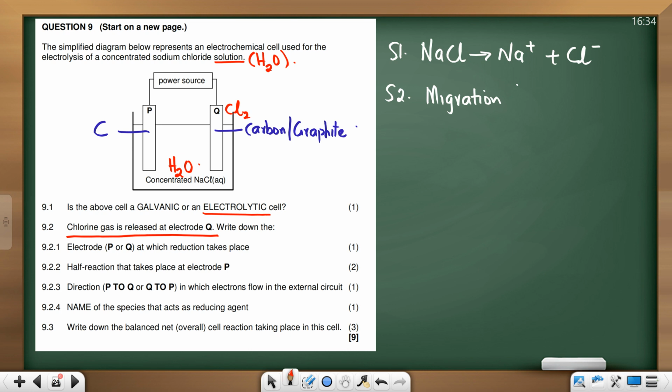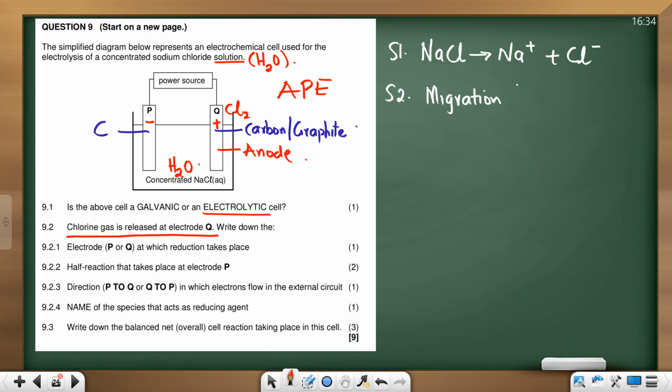Talk to me now. Q is positive. Do you see the game I'm playing? Very lovely game. Q is positive. P must be negative, and the anode is positive. Guys, we are done here.